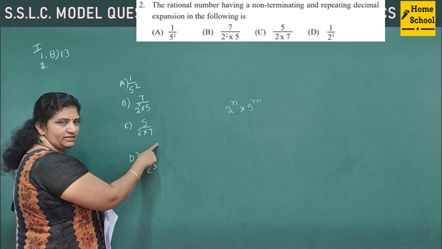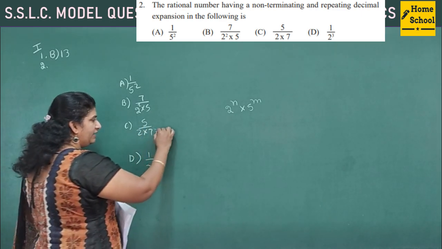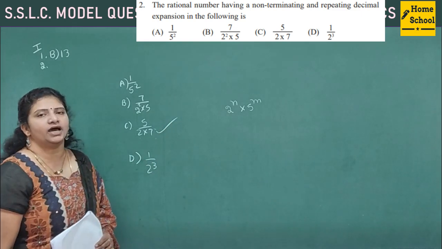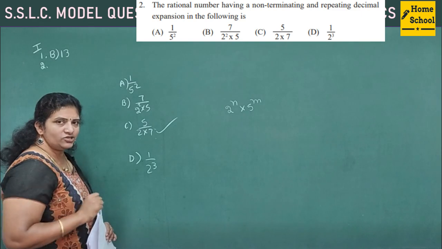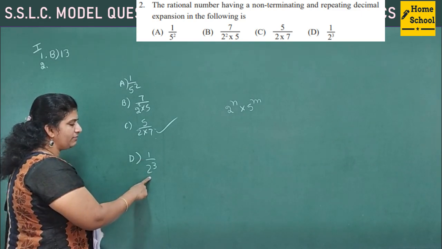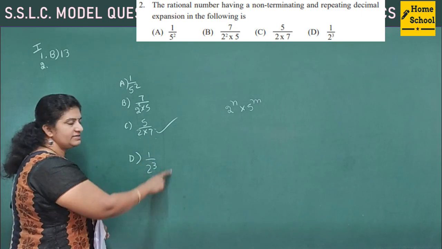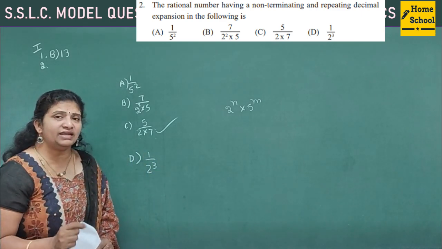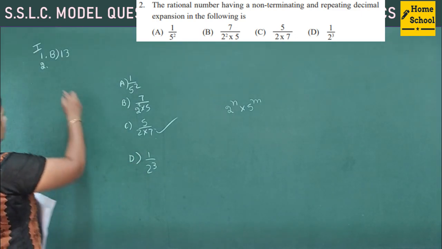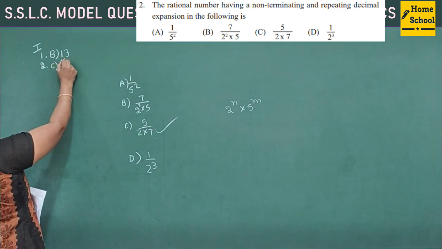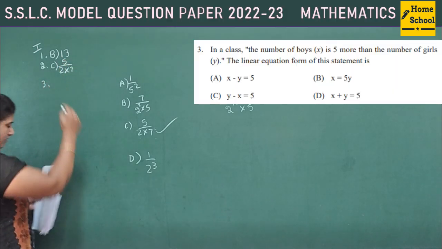If not cancel, then if the number is in the denominator, I say that this is a non-terminating and repeating decimal. So see the last option. In this rational number, your denominator is in 2 power n format. So I can say this rational number is a terminating decimal. So among this, which is the right answer? Option C, 5 by 2 into 7.